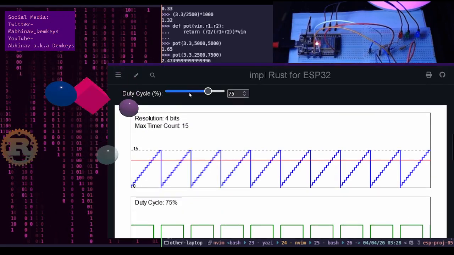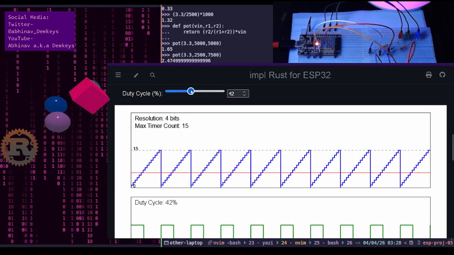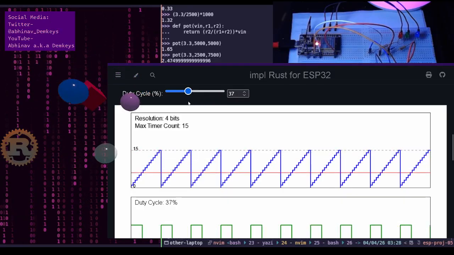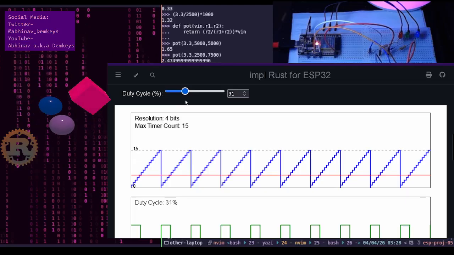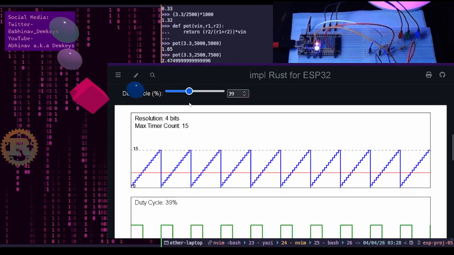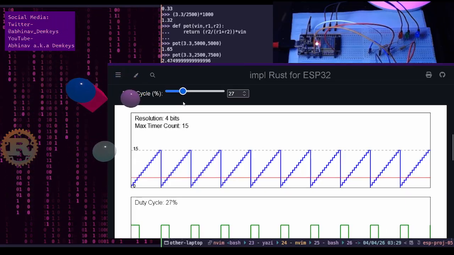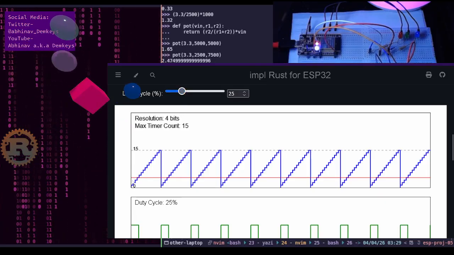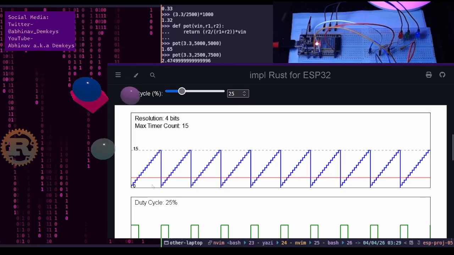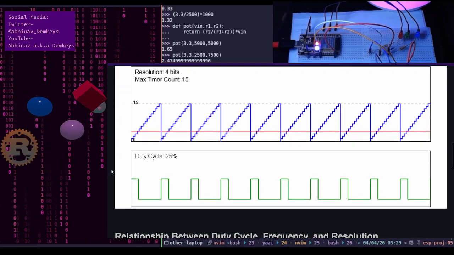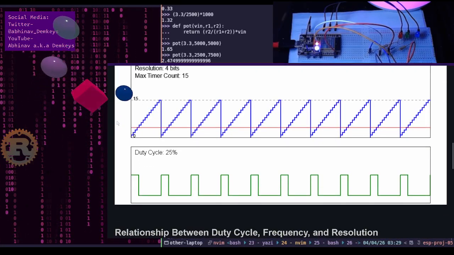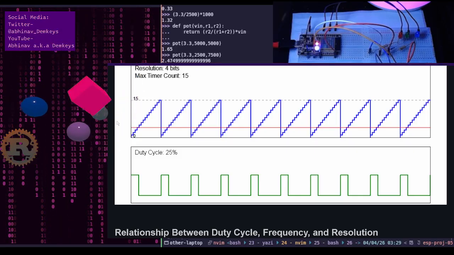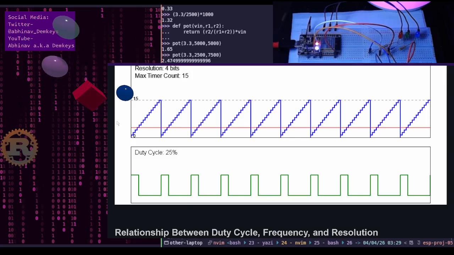Also the duty cycle. When we adjust the duty cycle, let's say we set a 25% duty cycle. It's going to be high for that percentage of time, and then it's going to go low. I think the time count here is limited.